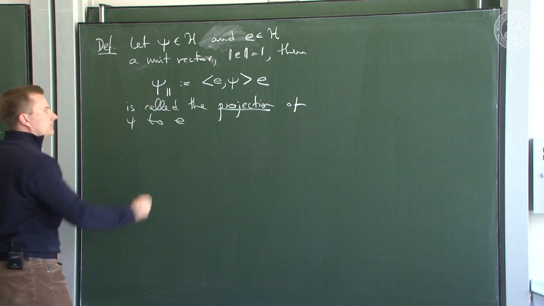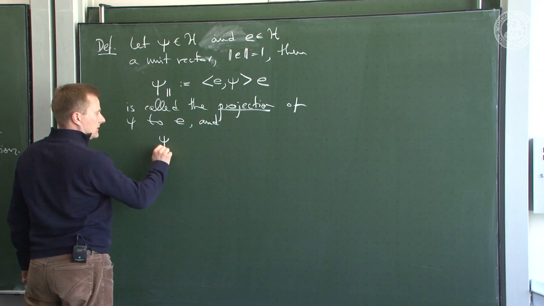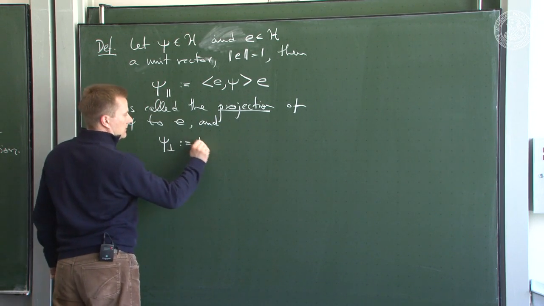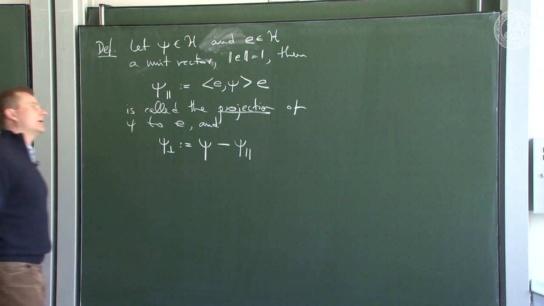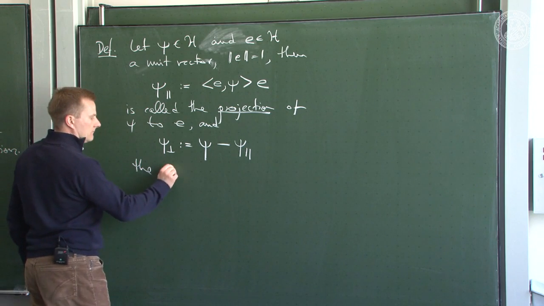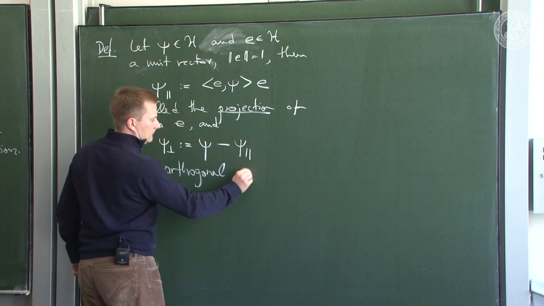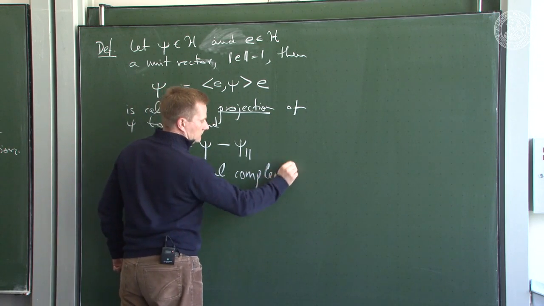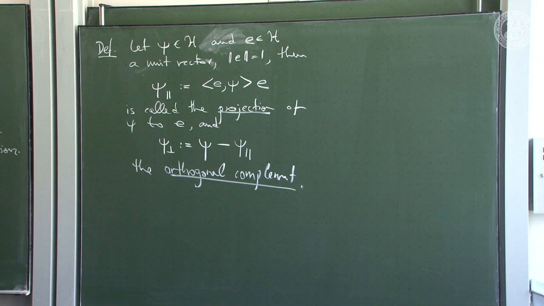That's very simple. And whatever is left, so if you subtract from psi this projected part, you call the orthogonal complement. Okay, so this is really very simple.